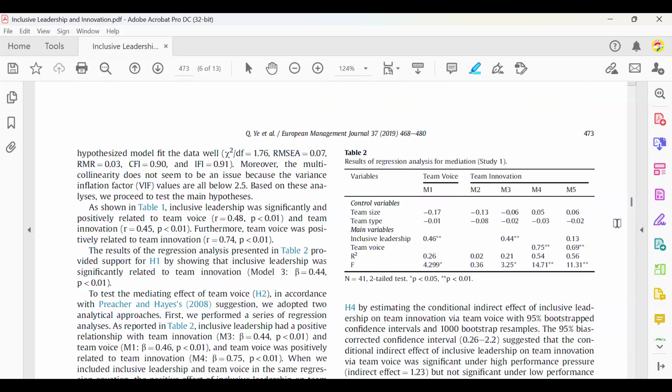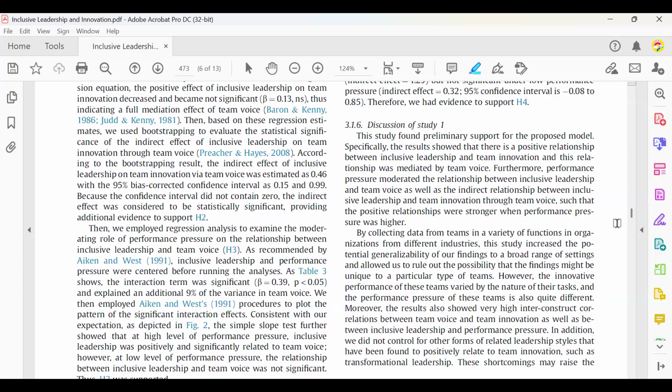The results offered here are the results of the statistical analysis that were performed. We are not going to go into that in much detail now, but what I would encourage you to do is make sure that you read the discussion to really understand the interpretation of those findings.